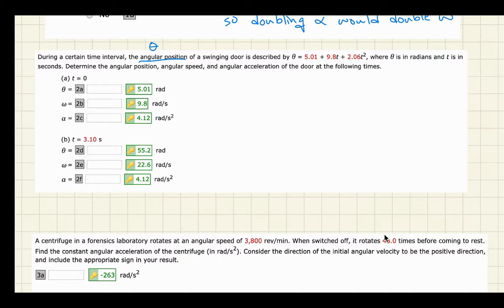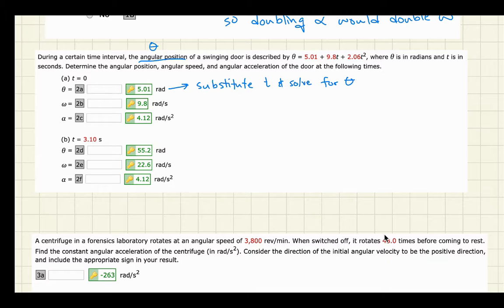For angular position, this is just substitution, right? We'd substitute t and solve for theta. Everybody's going to have a different formula here, so I'm not going to actually bother solving it out. You just substitute in time, and that would give you theta.